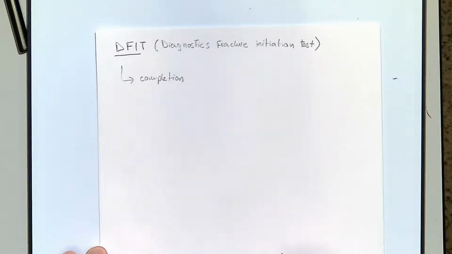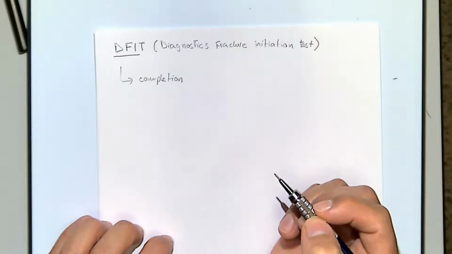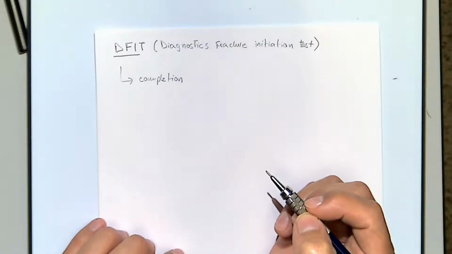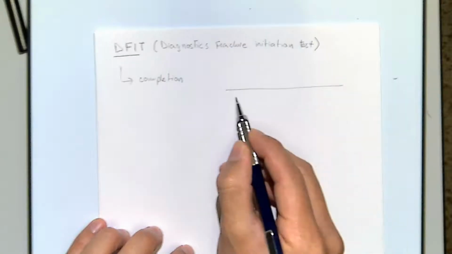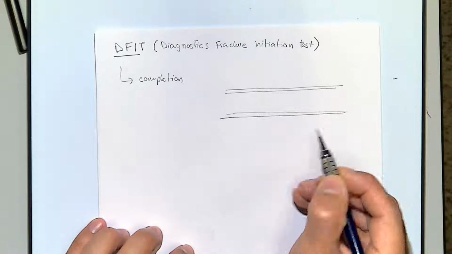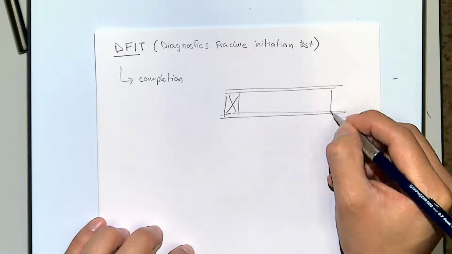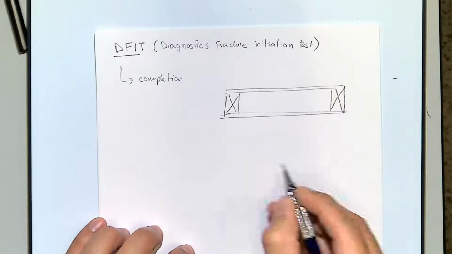Because it is for completions, many times, instead of doing it in an uncased section of the wellbore, you do it in a cased section of the wellbore. And let's imagine that we have a horizontal wellbore that is plugged and cased.